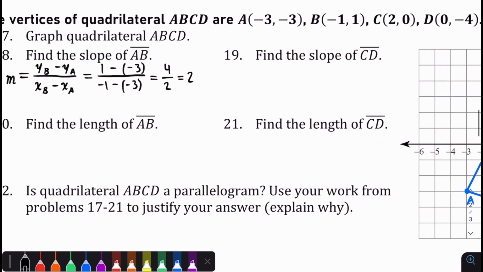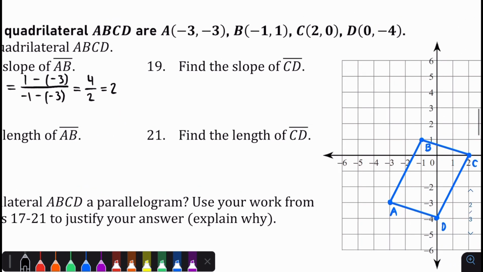I'm not going to write out the formula again. But let's see. The Y part of D is negative 4. The Y part of C is 0. The X part of D is 0.